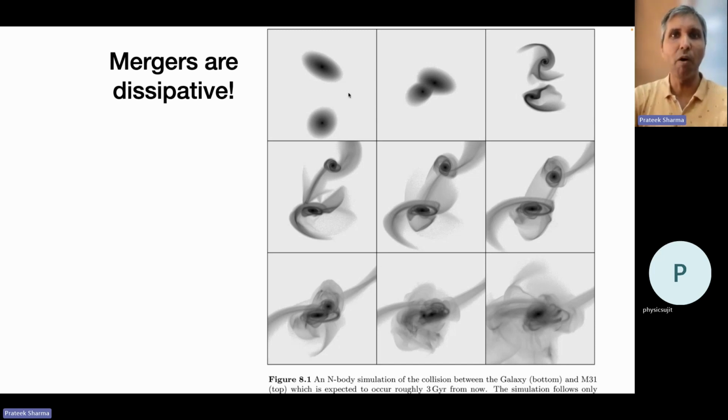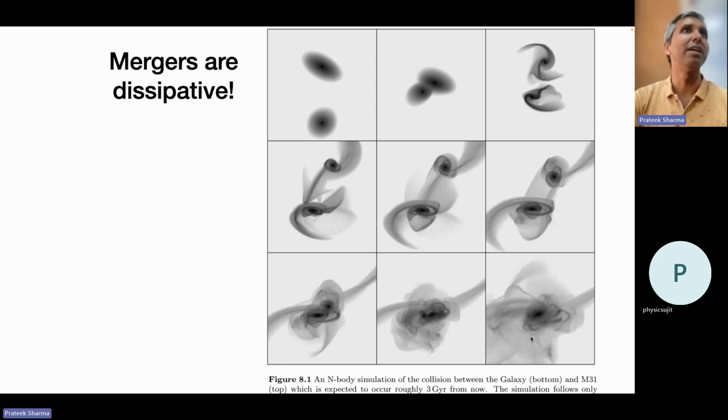But here, all this energy which was in the directed motion of these stars has been converted into the random energy of all these stars, which are just thrown around everywhere. And eventually, you get some object which is like a single object, yet you can see these nice features.